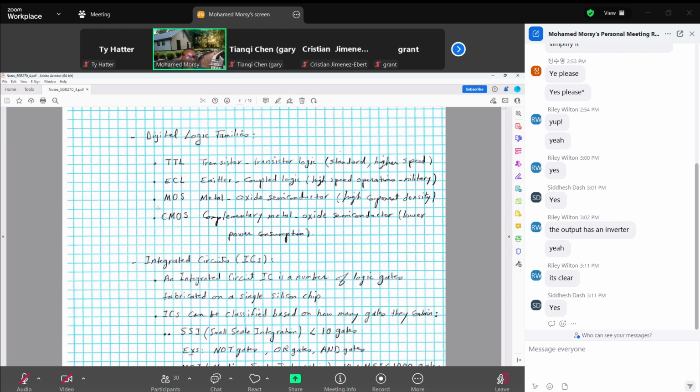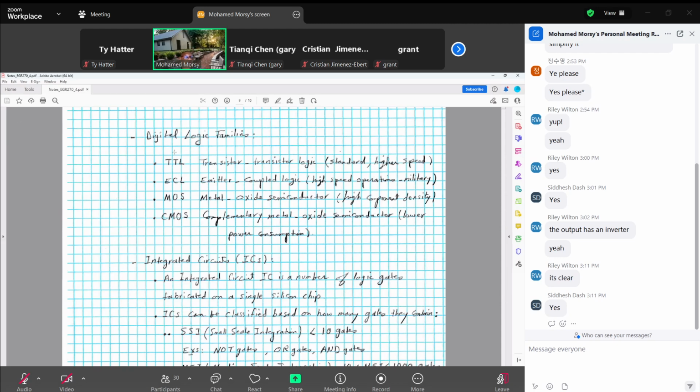However, in TTL, for the same circuit with the same number of gates, you apply the input and you get the output at, for example, half of 1 second. So this is faster operation, faster processing of the data inside the circuit.